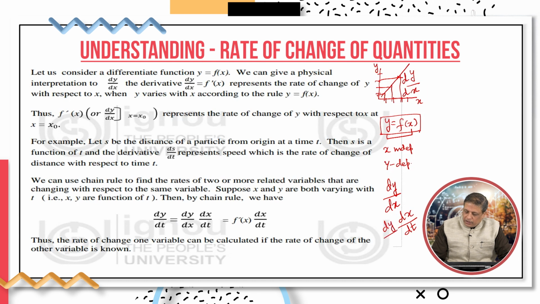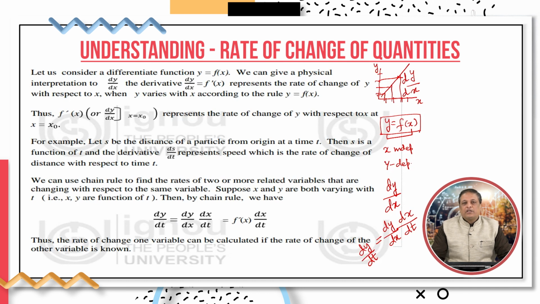So there is a variation in y with respect to the variation in x. So using the chain rule, we can find how y varies with the variation in time. It is to be noted that the term rate is generally used when there is a variation in a variable with respect to time.